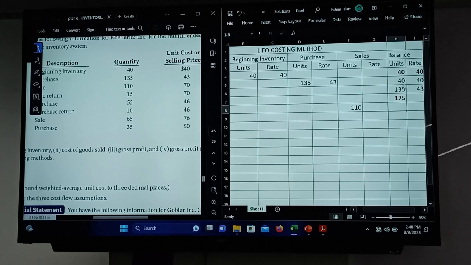So we are taking 110 units from the 135 because it is LIFO, last in first out. The last amount inputted will be the first amount going out.